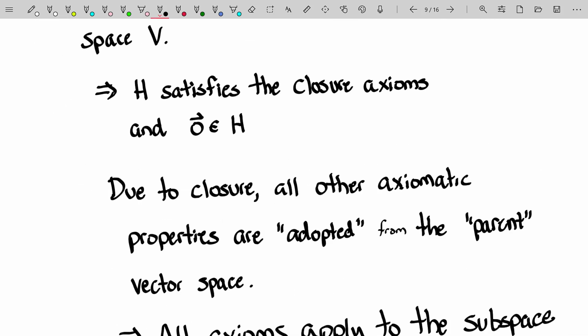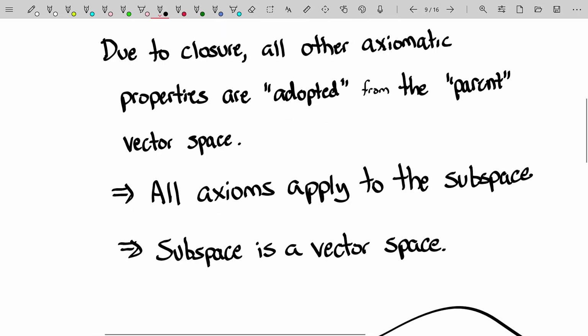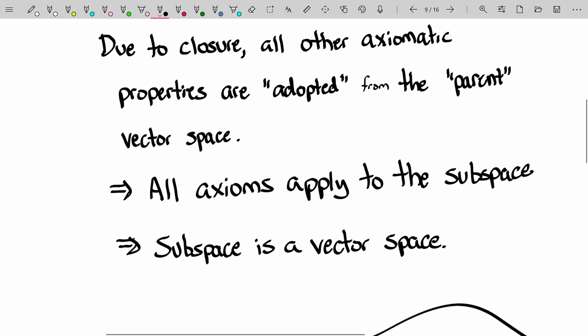Due to closure, all the other axiomatic properties are adopted from the parent vector space. It contains all of its additions and stuff like that. And because it exists within that vector space, it adopts all the arithmetic properties and the axiomatic properties, which implies all axioms apply to the subspace, which implies the subspace is a vector space.